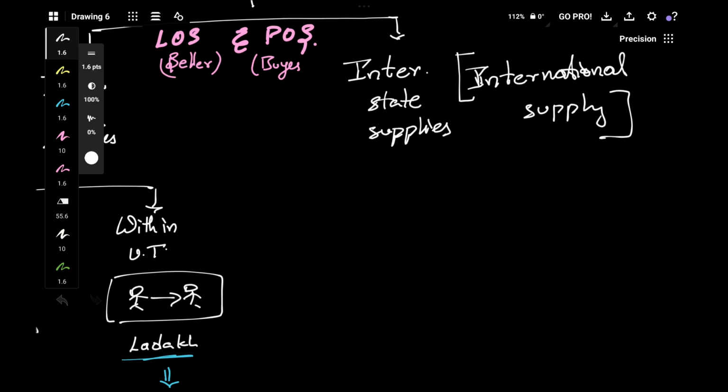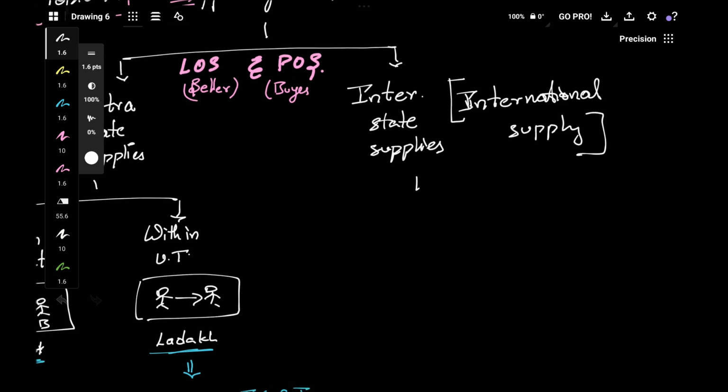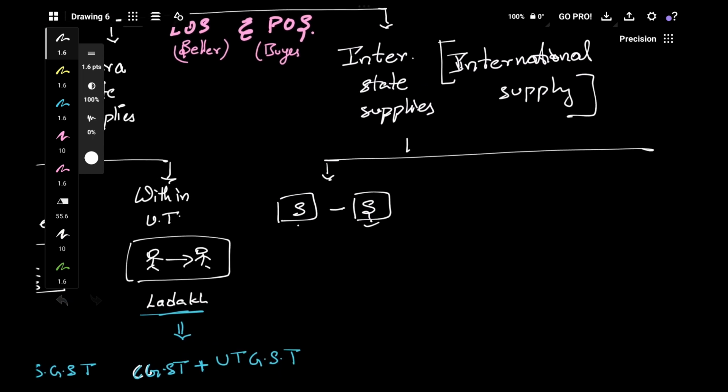So initially, what is this? Basically, for example, there is supply between different states. Let's assume this is Maharashtra and this is Tamil Nadu, and there is a seller in this state and a buyer in this state. If it is like this, then this is interstate.